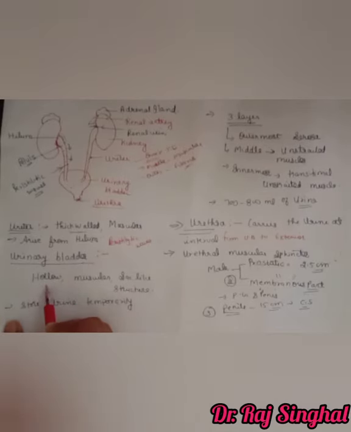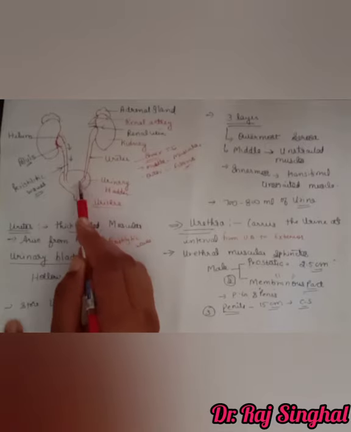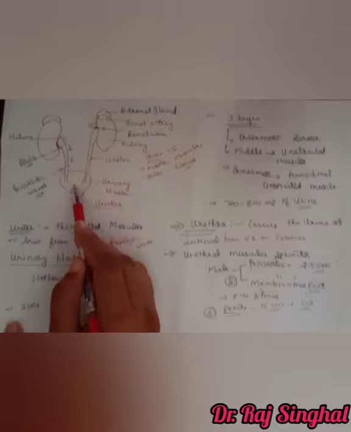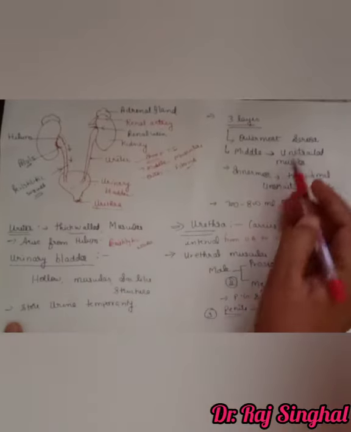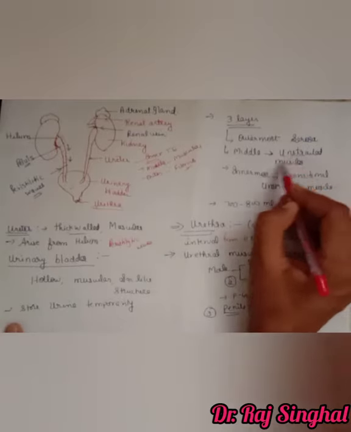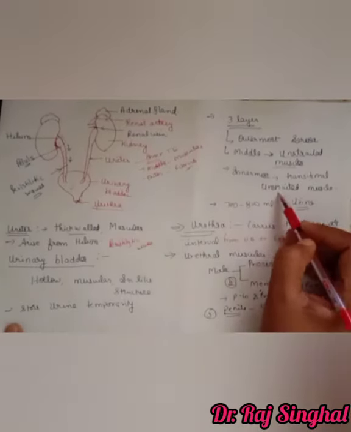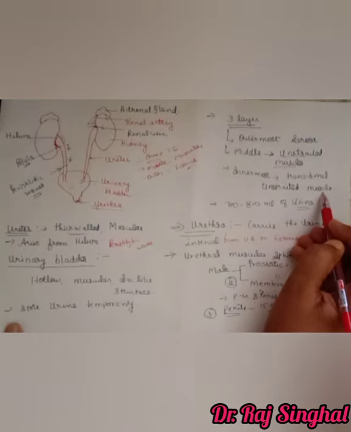The urinary bladder is a hollow muscular sac-like structure which stores urine temporarily. Its wall is again made up of 3 layers: the outermost serosa, the middle one unstriated muscle layer, and the innermost transitional epithelium layer.